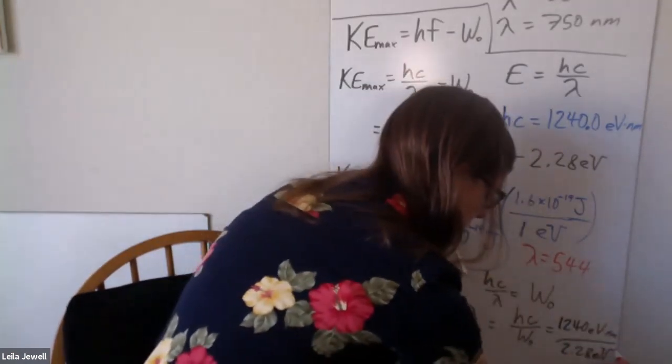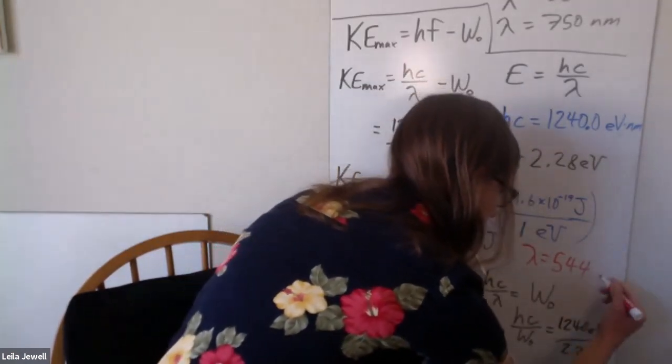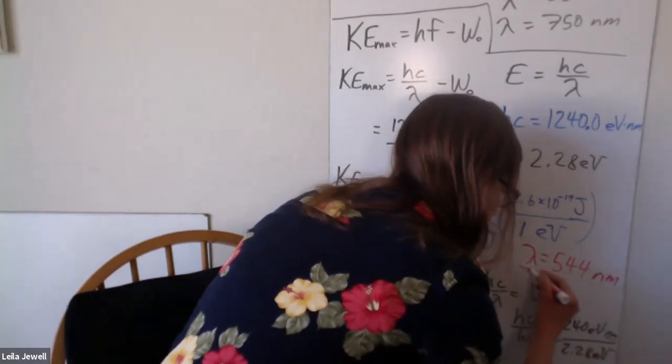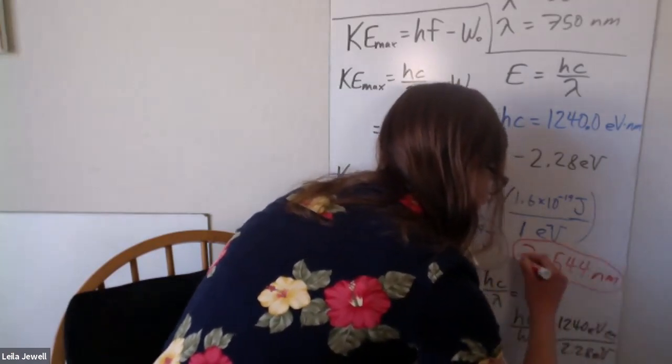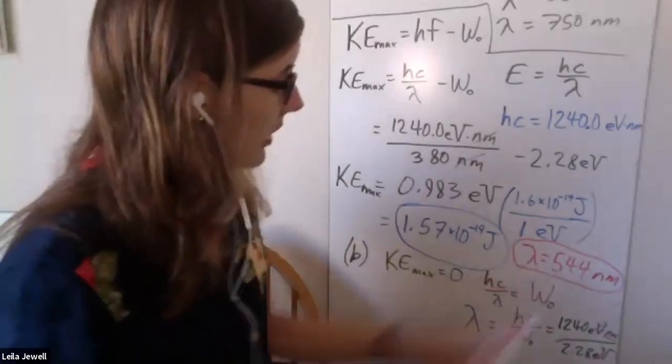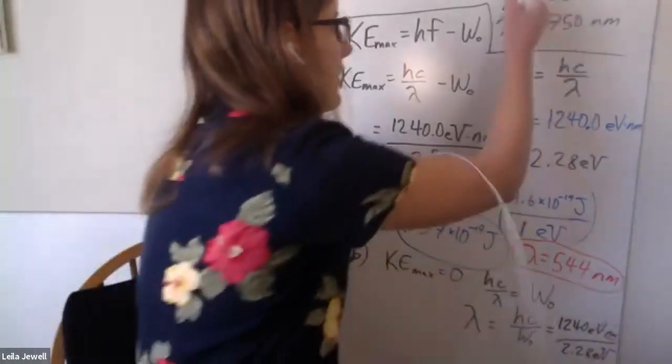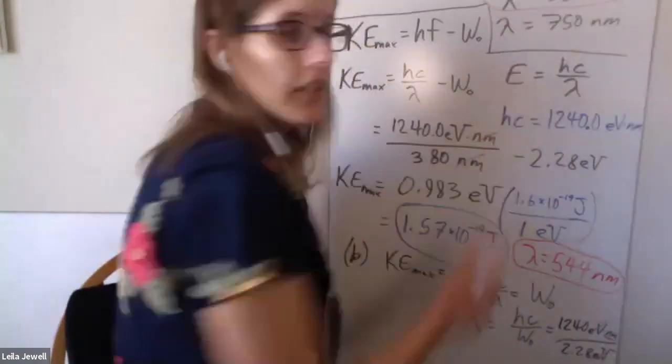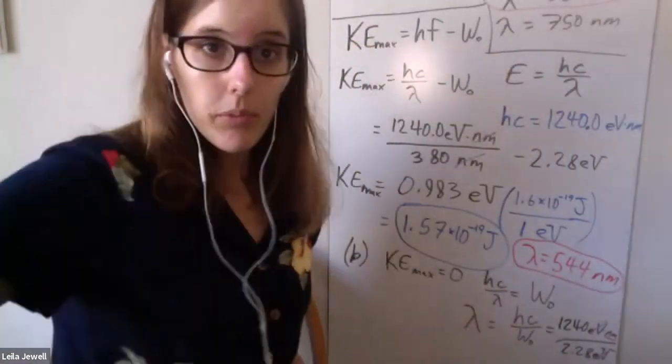And the electron volts have canceled out, so all we're left with is the nanometers, which is a standard unit for the wavelength of visible light. So now we know it's between 544 nanometers and 380 nanometers, the result we got up above.